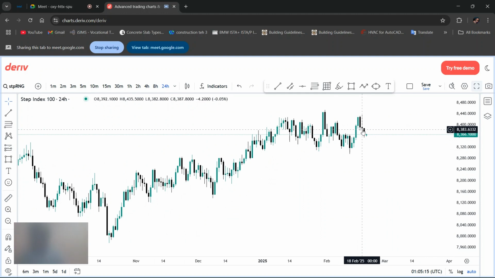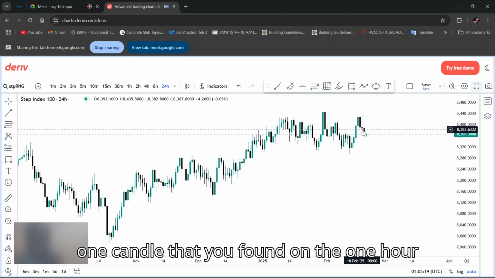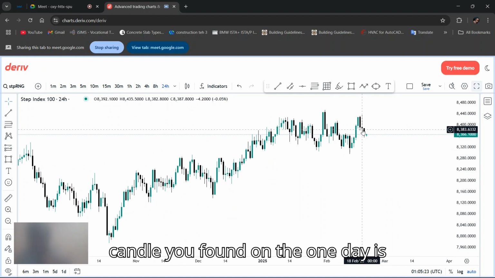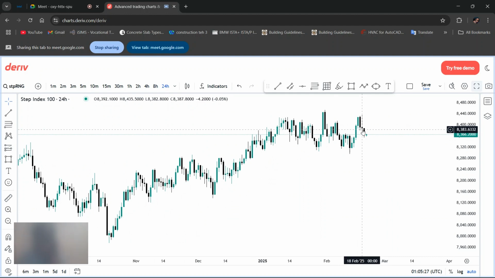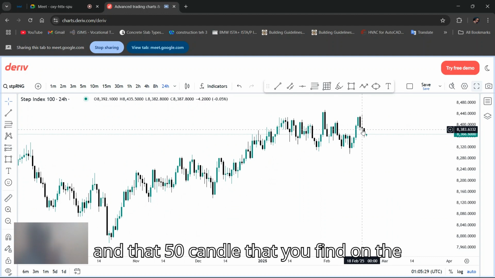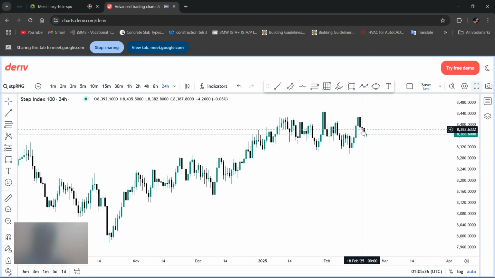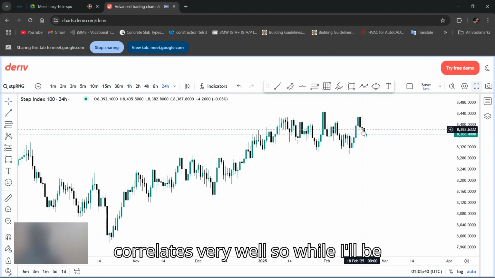And those 50 candles on the 1 hour are actually 1,000 candles on the 1 minute. So there is a difference. Time frames correlate very well.